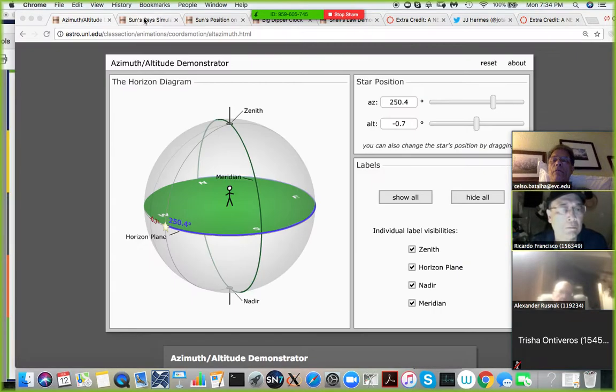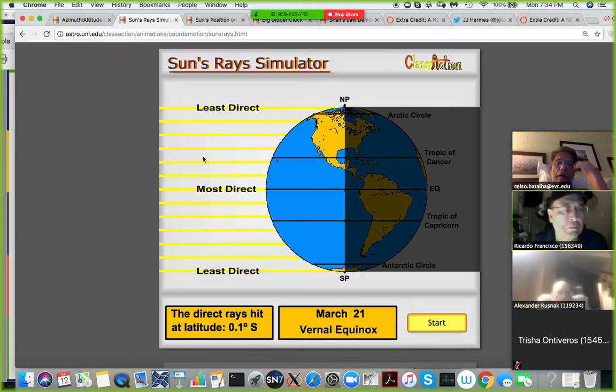Let me show this animation here, which again indicates the reasons why summer tends to be hot and winter tends to be cold. So we are on March 21st, at one of the equinoxes, the vernal equinox.